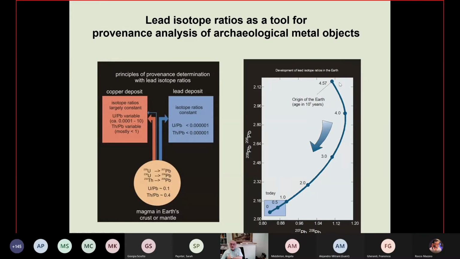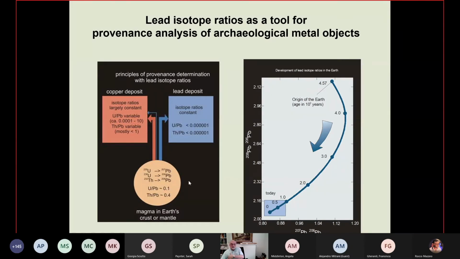But anyway, you see that we have a very large variation, although the numbers are small, but the measurement precision is very high. We have a variation from here to here, and usually we deal with this part of the diagram. Nevertheless, in this diagram, we also see some geological information. So older ores are on the top right and younger ores on the bottom left.